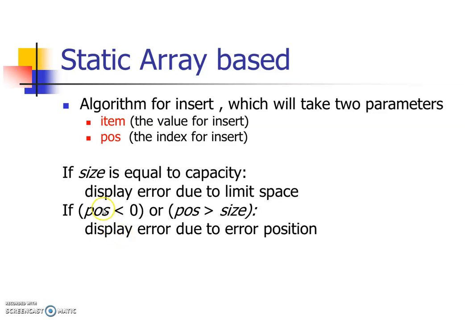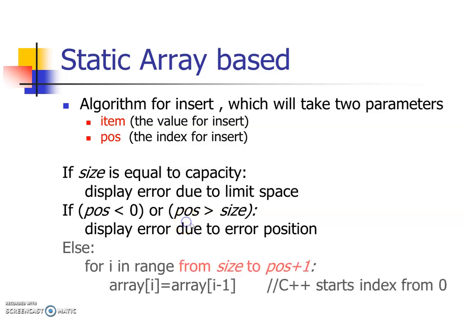And therefore, if someone wants to do something weird, then you need to have an error message show up indicating that's not a proper operation. If none of those occur, which means it's a valid operation for the insert, then what we need to do is this. For i in range, so a for loop occurs. Now here is the special part: you need to go from size to position plus 1.